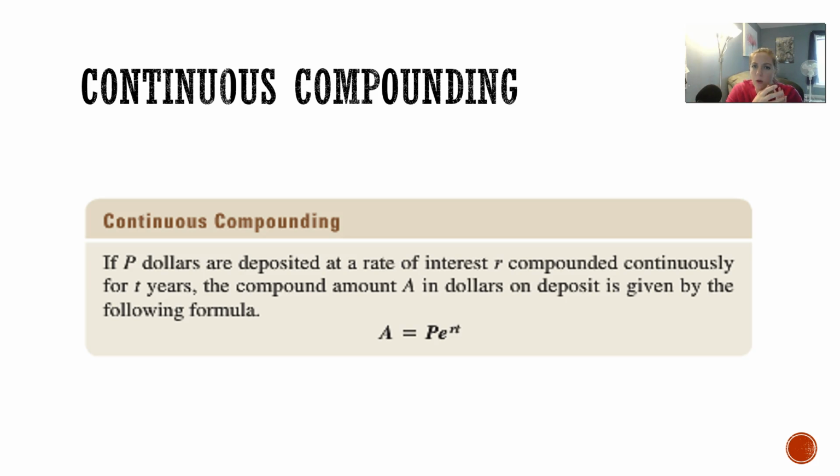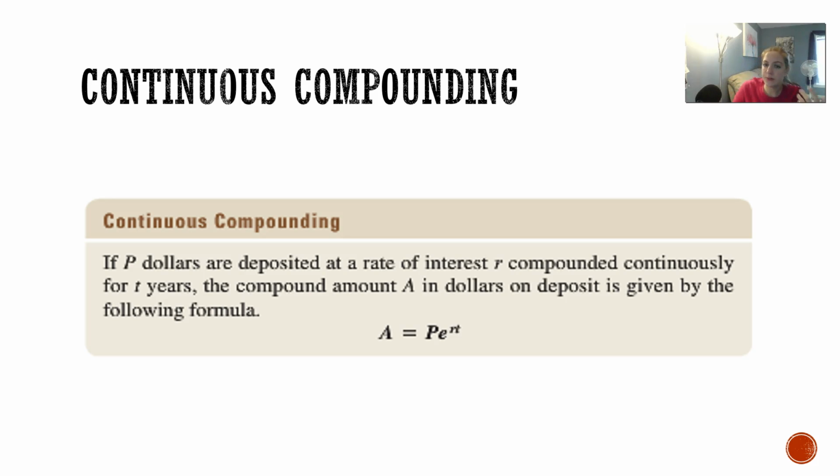And to figure out how much money you would make if you did compound continuously, you could put a huge number in for n in that last example. But there is actually a different formula you should be using to calculate this. I like to call it the Pert Formula, just for a way to remember it. But essentially it's A equals P times E to the RT.